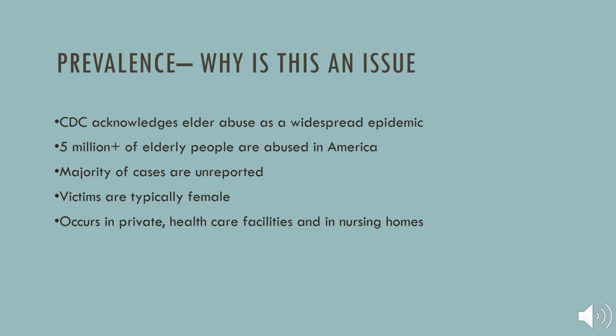As many as 5 million older adults are abused in the U.S. annually, and approximately 85% of these cases are never reported. Most elder abuse victims are female, and about 40% are over the age of 80. Although the vast majority of elder abuse occurs in homes, it can also take place in extended care facilities and assisted living facilities.